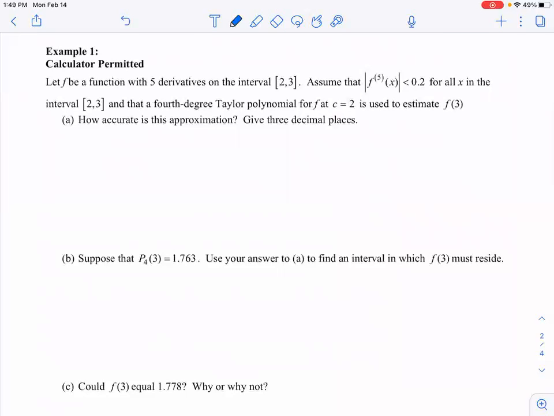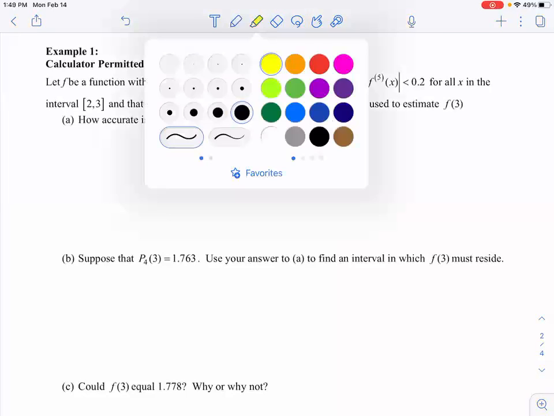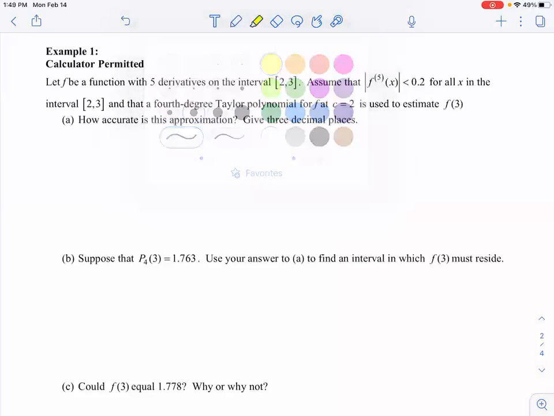Okay, so what's happening here? Let's say we have a 4th degree Taylor polynomial centered at 2, and we're using it to approximate f of 3.